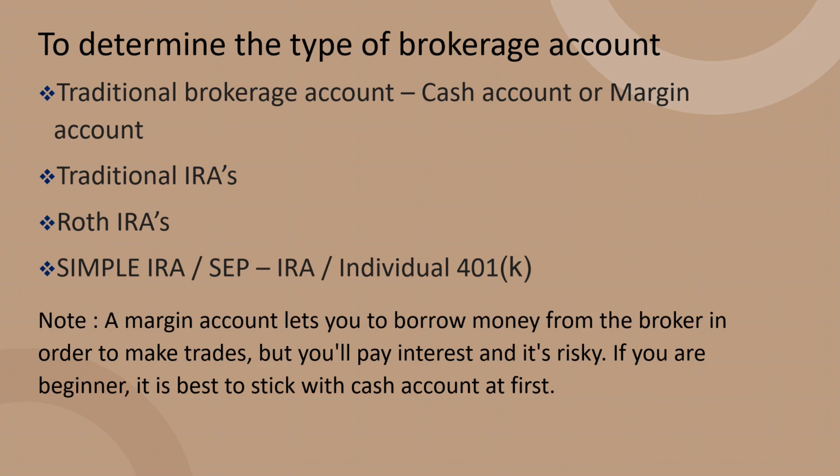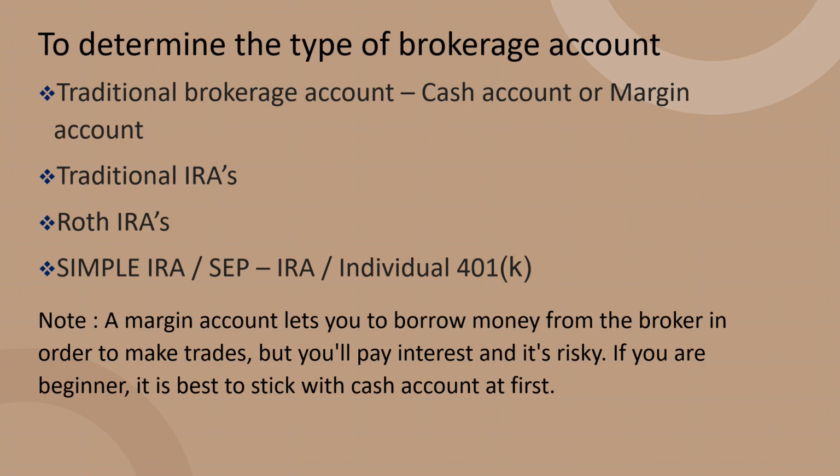There are two types of accounts you can have, which is a cash account or a margin account. A margin account lets you borrow money from the broker in order to make your trades, but you will pay interest and it's risky. For example, if you have $2,000, I'm just giving a rough example, you might be able to borrow up to another $2,000. So $4,000 you can invest, but there is interest that you pay on the borrowed money.